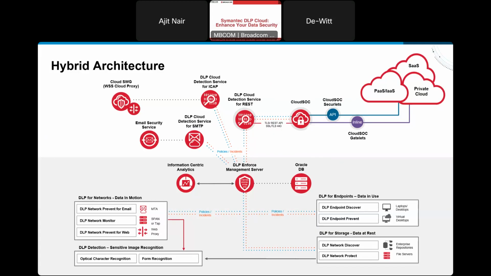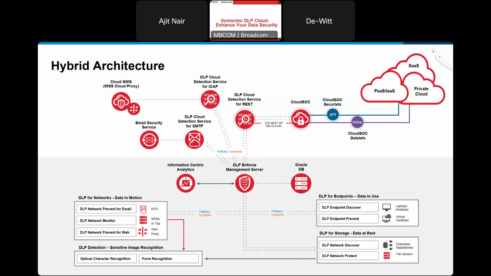So we're talking about a hybrid architecture. In this architecture, the Enforce is the main management server, right? This is where you configure all your CDSs, and you create all your policies over here. So this is basically the heart, or the central management system, for all your reporting needs, your administration needs, and everything.